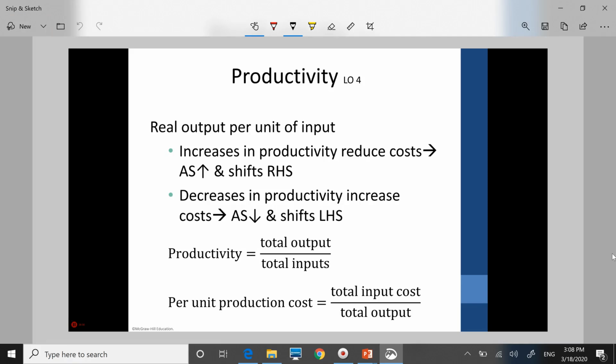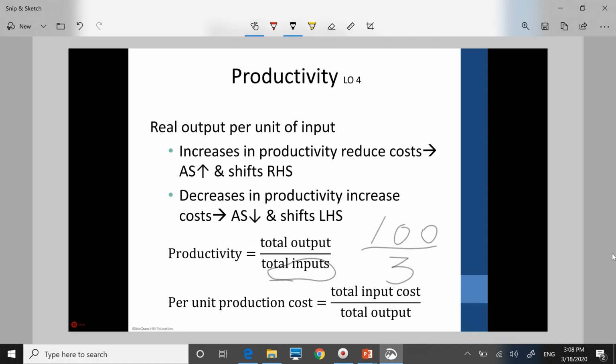So for example, I hired 3 workers, then total input here is 3 workers, and they are able to produce 100 t-shirts every hour. Then the per unit productivity of each worker per hour is about 33 shirts. Okay, so that's the productivity.